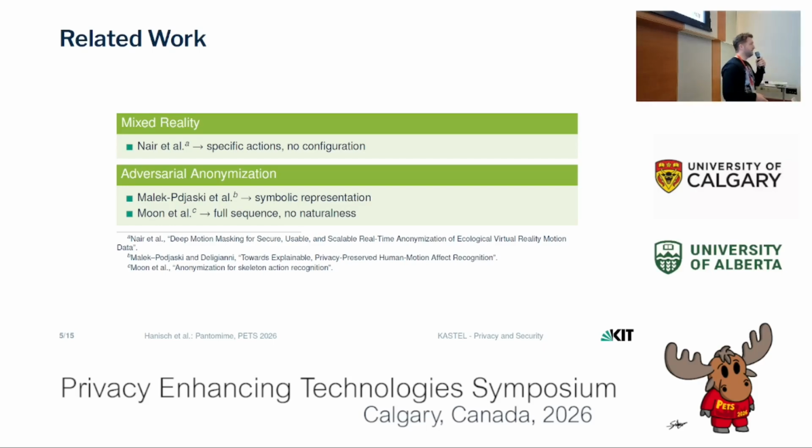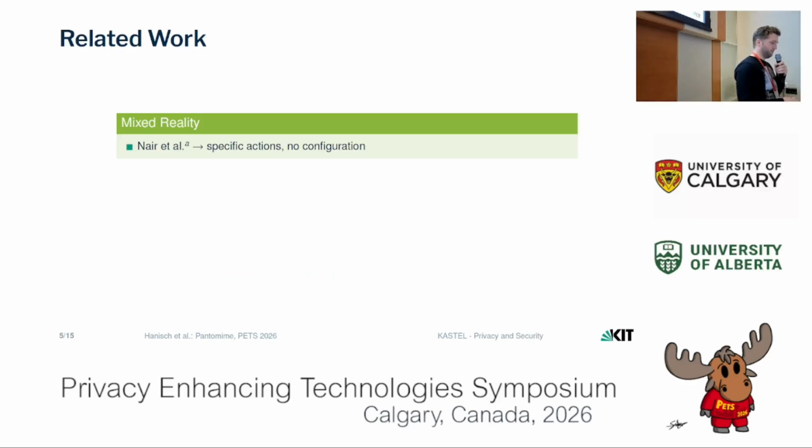Then there are some adversarial anonymizations, for example from Marek Piast et al., but they train with a loss for the identification and one for the utility. However, they only get a symbolic representation in the end. And overall, the naturalness, so that the motion looks nice to humans, is a bit hard to put into metrics. So this is not a good approach for us.